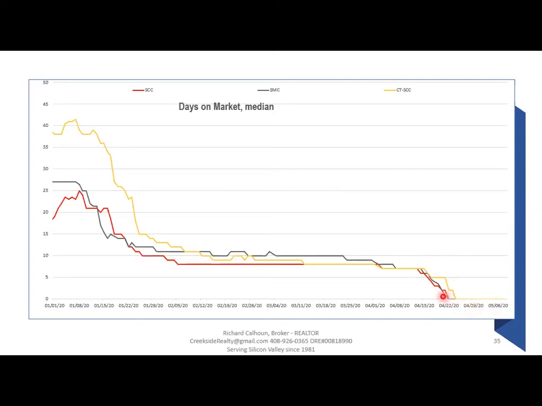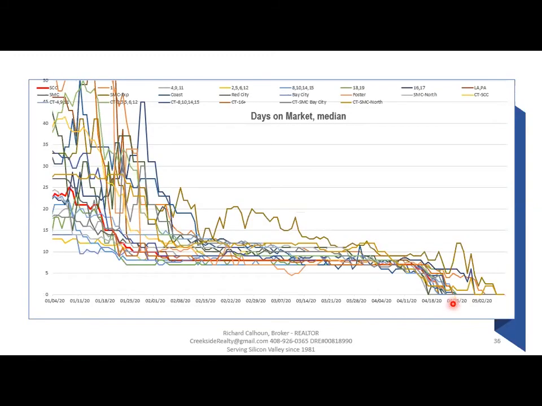What the data is telling us is that since April 22nd, at least 50% of the properties being sold were only listed after shelter in place was in effect. If it was listed the day before shelter in place, there'd be at least 1 day on the market and this number wouldn't be 0. So the 50% point indicates that more than half the properties that are selling came on during shelter in place. Here it is for all the different areas.